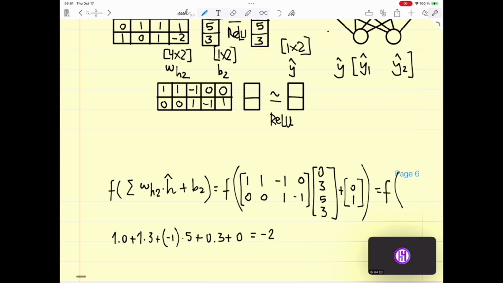So here we get vector minus 2, and then 0 times 0 plus 0 times 3 plus 1 times 5 plus minus 1 times 3 plus 1. This turns out to be 3.